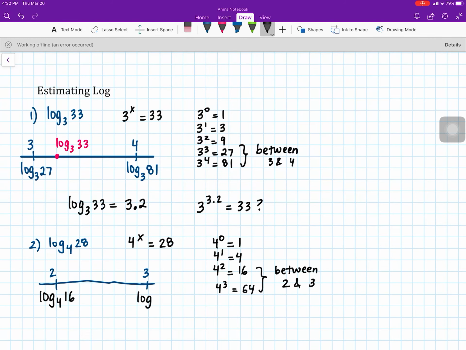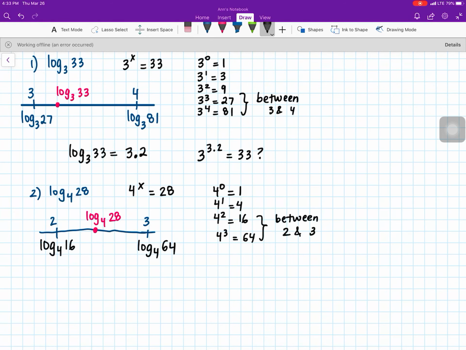And then this is log base 4 of 64 because 4 cubed gives you 64. So where does log base 4 of 28 belong? Well, it's somewhere towards the middle. So I'll just estimate around there. So that's somewhere there will be log base 4 of 28.